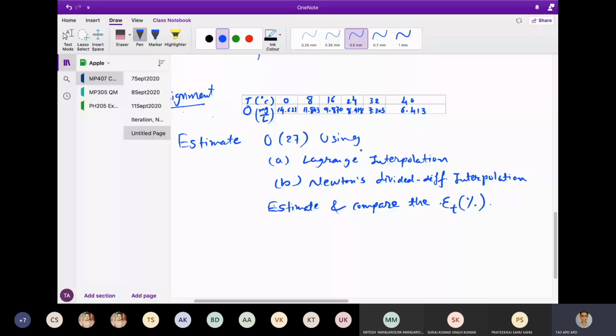So this problem you should be doing in the assignment. If you do this, it will give you a clearer idea of both these interpolations that we have done so far.